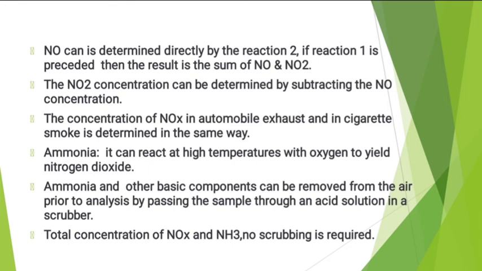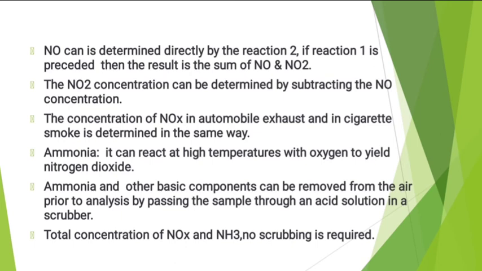From this sum, take a subtraction, reaction 1 minus reaction 2. After that we will get the concentration of NO2. Means the NO plus NO2 concentration present in reaction 1, and from this just subtract the concentration of NO, you will get the concentration of NO2.